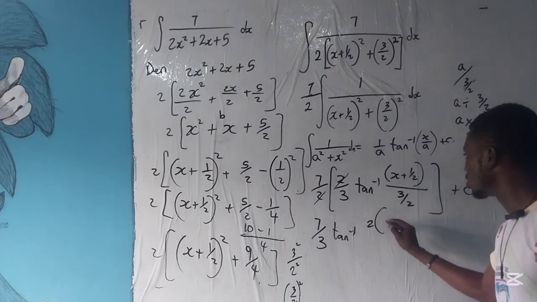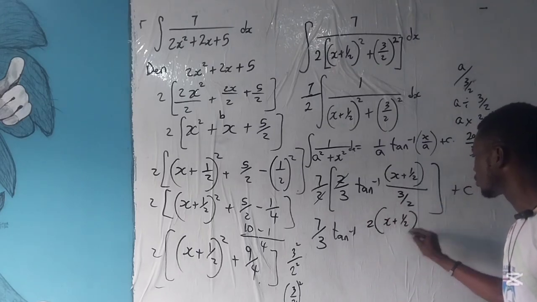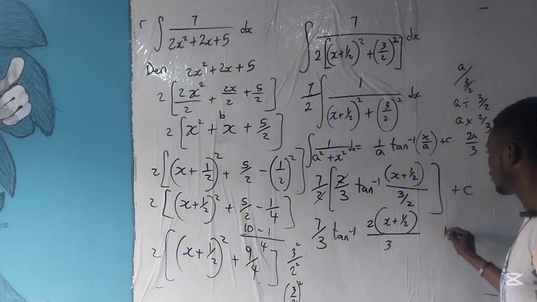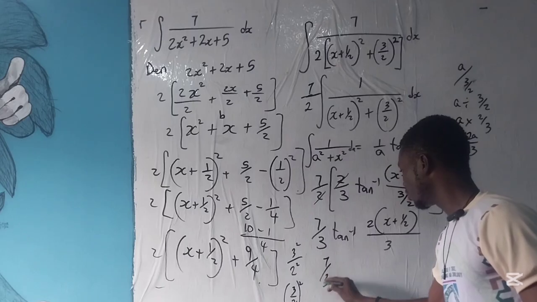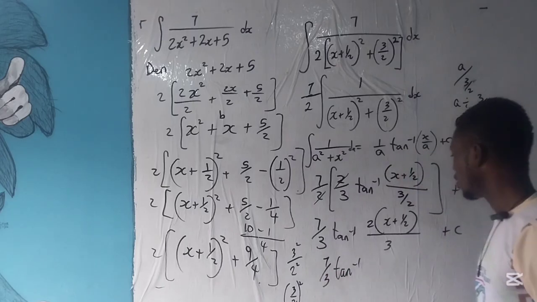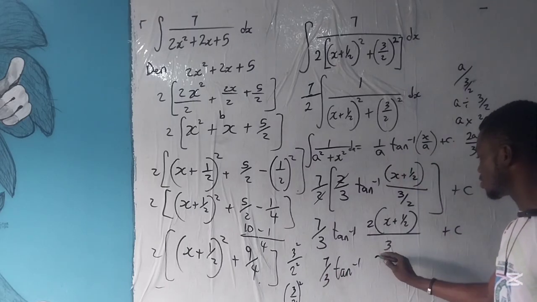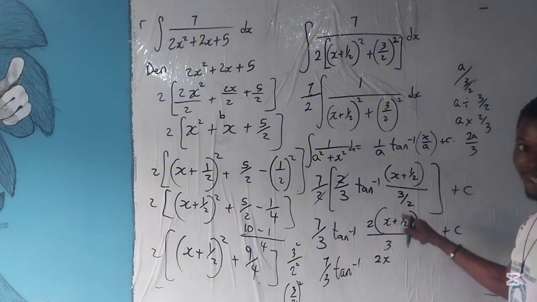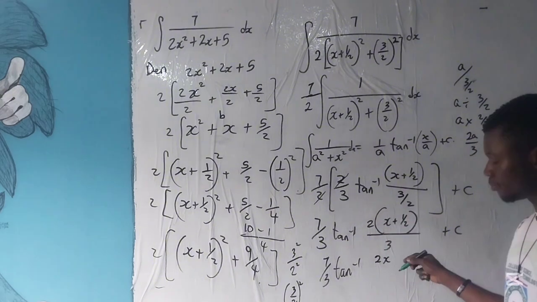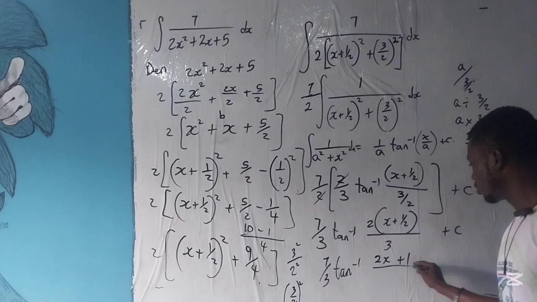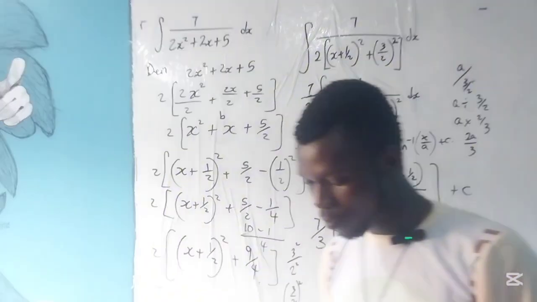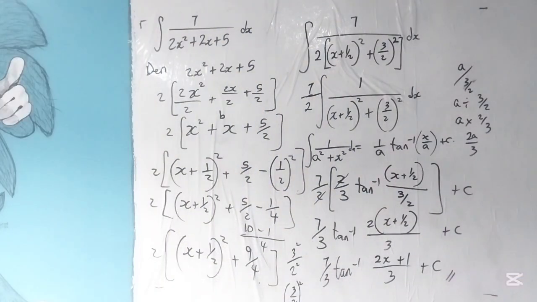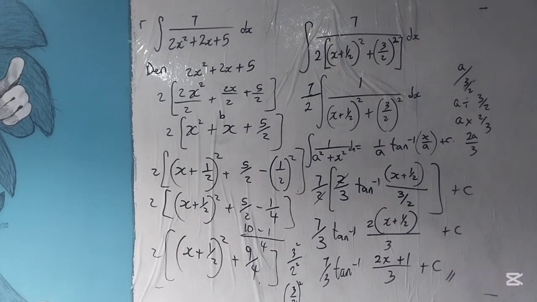That will be 2 into x plus half, all over 3, plus c. Now, if we continue, this will give us 7/3 tan inverse or arctan of 2 times x, that's 2x, and 2 times half, that's 1, all over 3, plus c. So this is the answer to that question, for the integral of 7 all over 2x squared plus 2x plus 5. So that's the process of doing this.